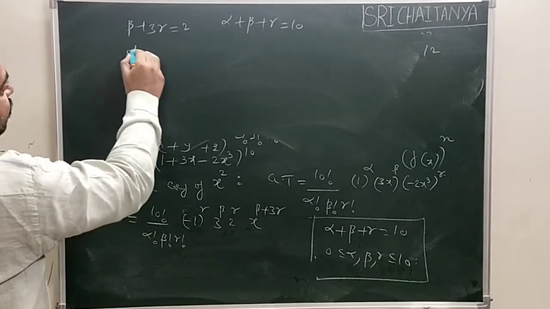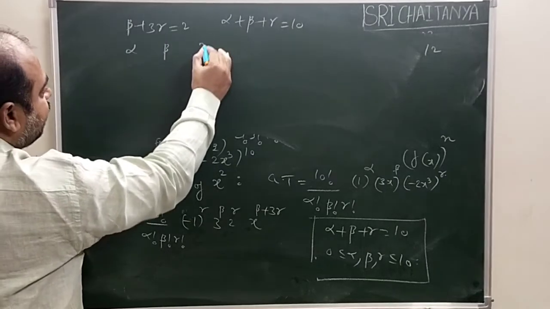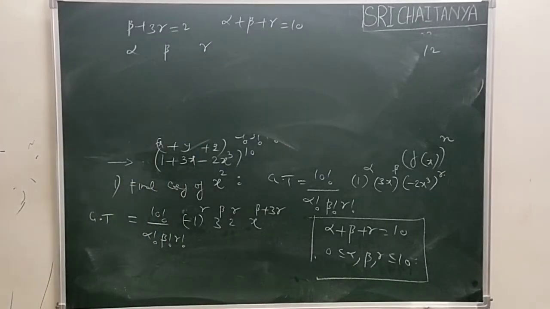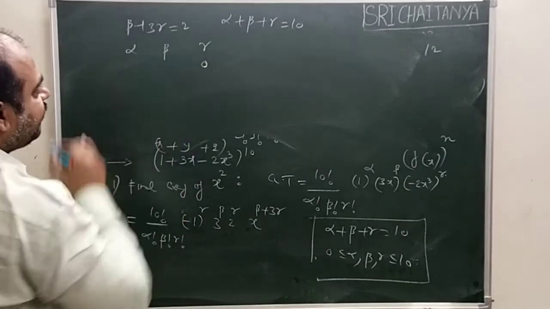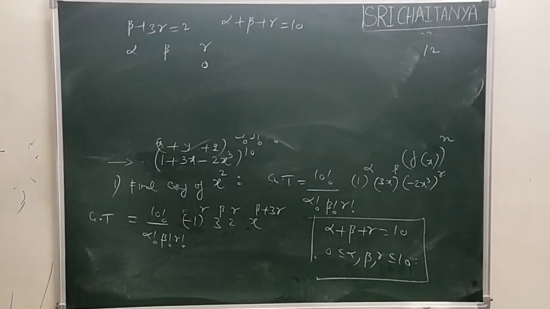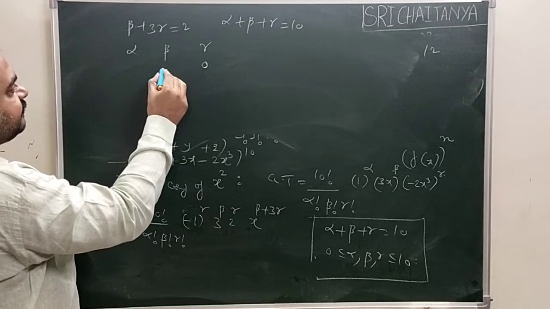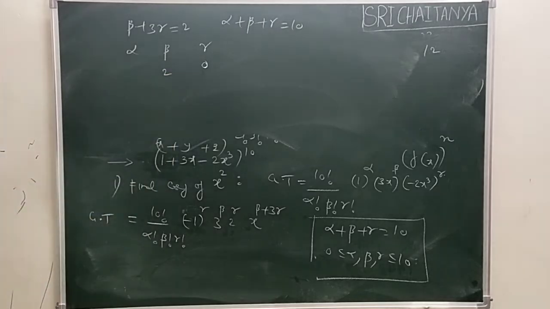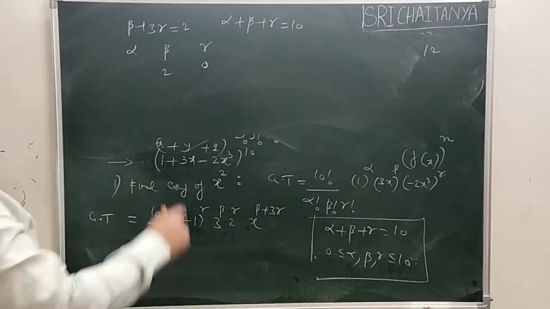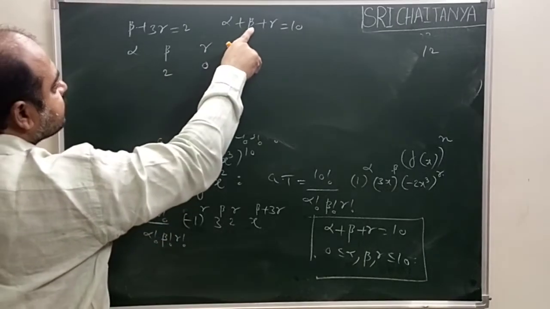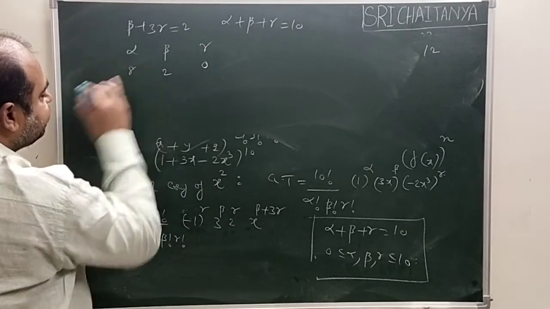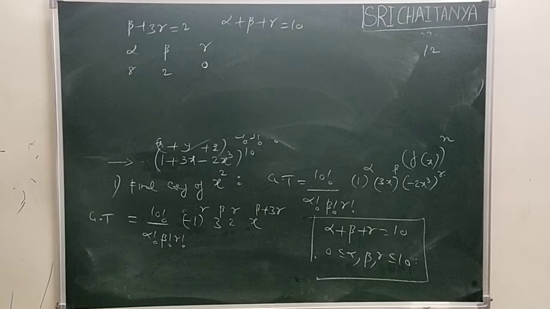Now you have to find alpha, beta, gamma. First put gamma equals 0 and calculate alpha and beta. Gamma equal to 0 means beta is 2, and beta is 2 means alpha is 8. This is one possibility.